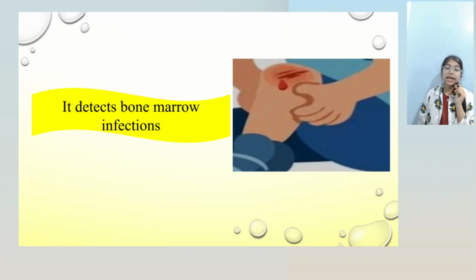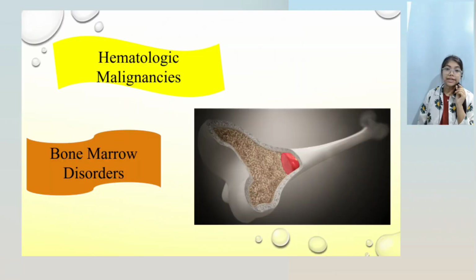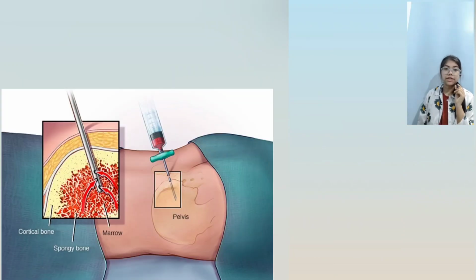Again, if the person is having prolonged infections, to rule out the cause, whether the production of WBC, platelets or RBC is occurring properly or not, then also we can do bone marrow biopsy and aspiration.